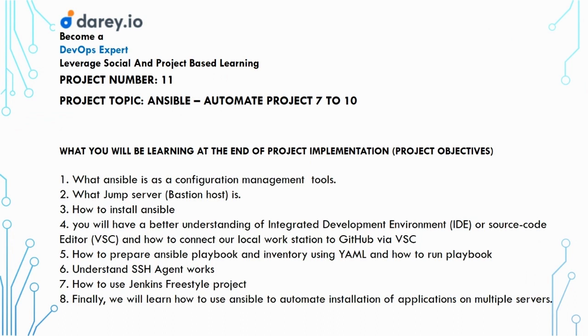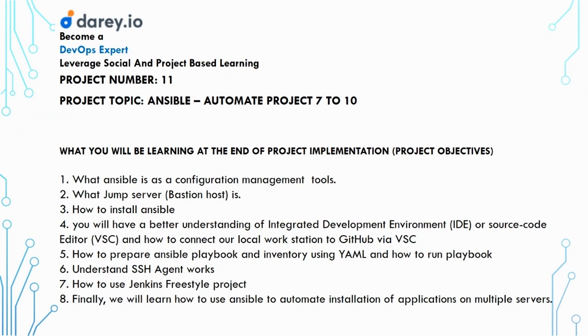At the beginning of the project, we stated that we are going to have the following objectives: what Ansible is as a configuration management tool, and we'll be able to get that clear. We also said that we are going to know what a Jump Server is.